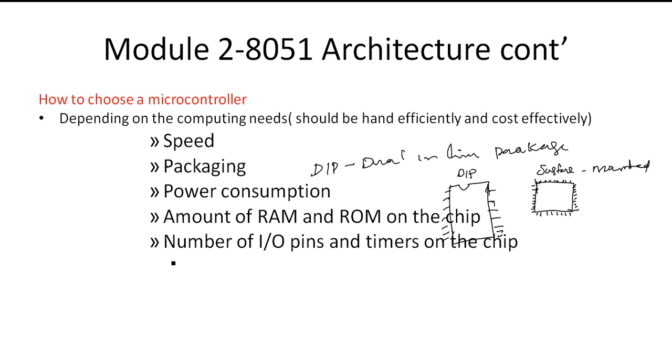Another point: the number of IO pins and the timers on the chip. For example, if you want to implement a simple half adder, you need only 2 input lines and 2 output lines, so you can go for a tiny microcontroller for that operation. But you might have seen the large scrolling advertisement display panels in shops nowadays.